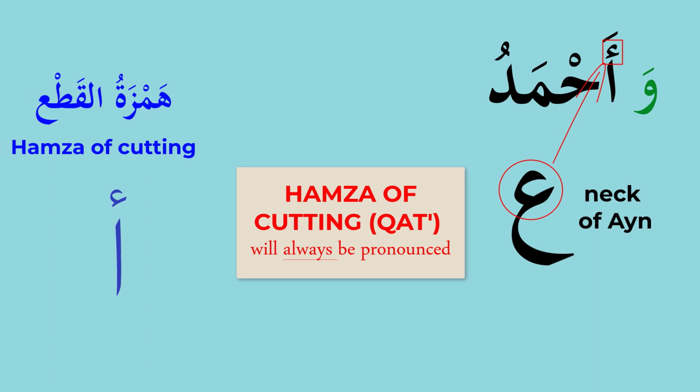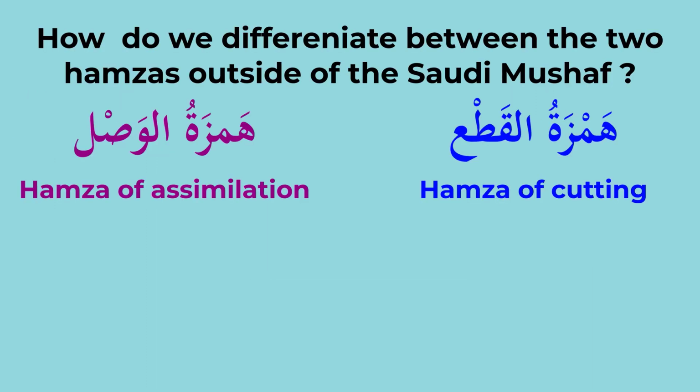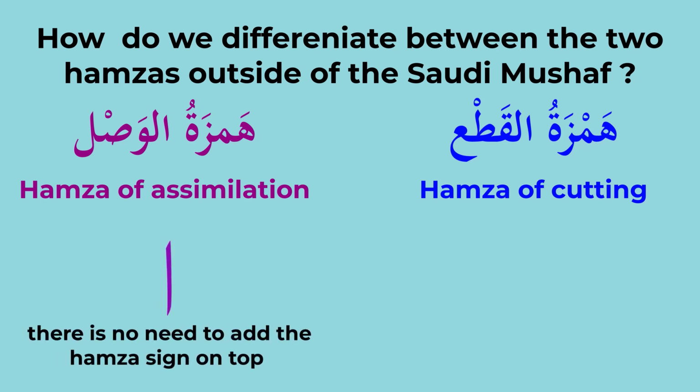So how do we differentiate? Whenever there is a Hamzatul Wasal, you will not put a Hamza sign. But when there is a Hamzatul Qata, you will put that sign there. Because most of us, our parents are from India and Pakistan, and we are used to the India-Pakistan script, you always write it like this.